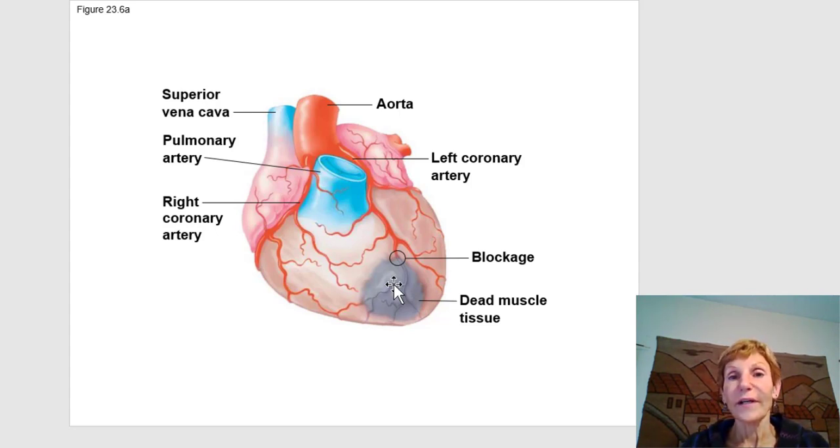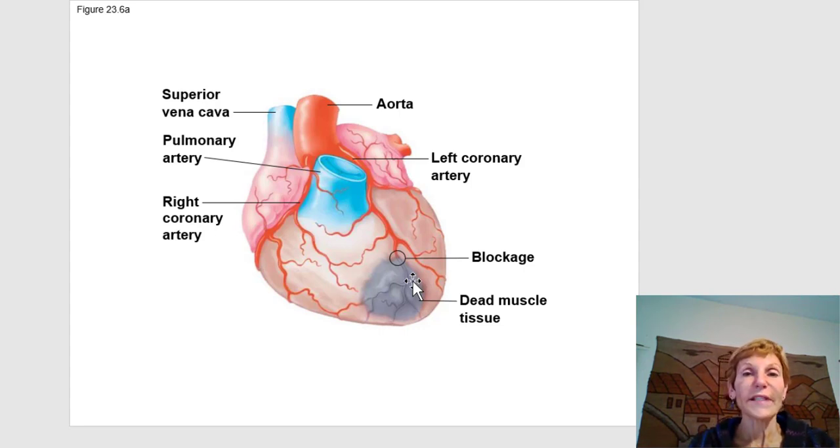There are actually arteries that also go to the heart to supply the heart with nutrients and with oxygen. If you block a coronary artery, then that tissue is not going to get any oxygen and it'll eventually die. That's what a heart attack is.